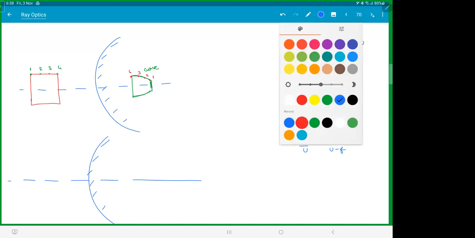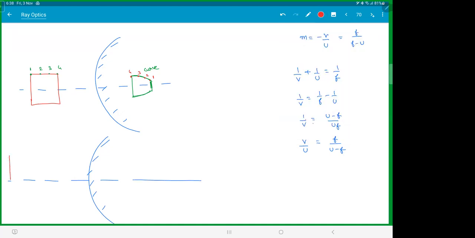If I try to draw like this, imagine we have objects like this. Let's say the object is at infinity, very far. This will be the object here, 1. As you're getting closer, this will be like this, 2, 3, 4, 5, 6.